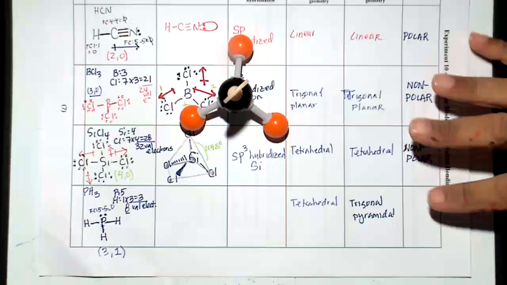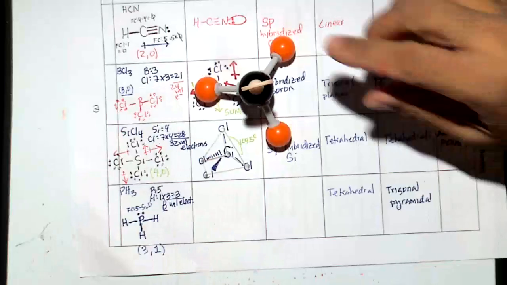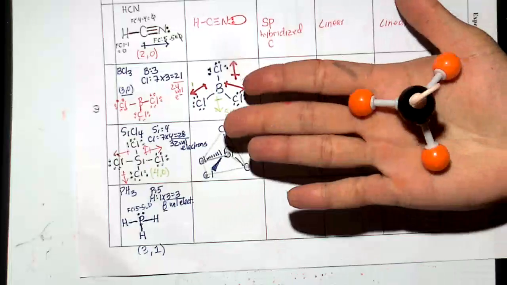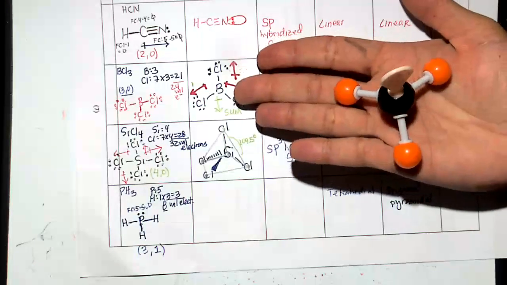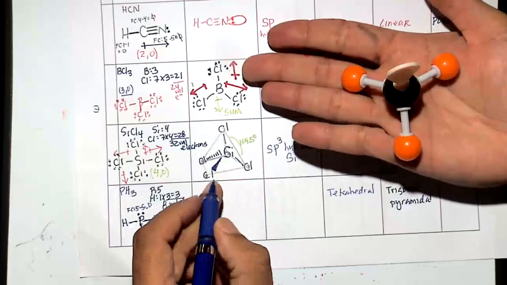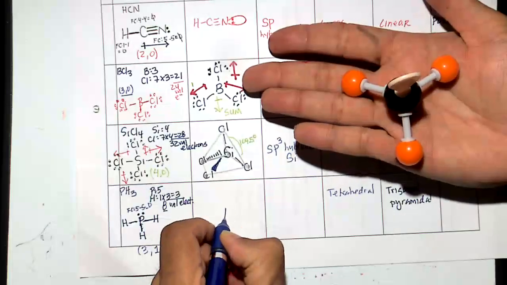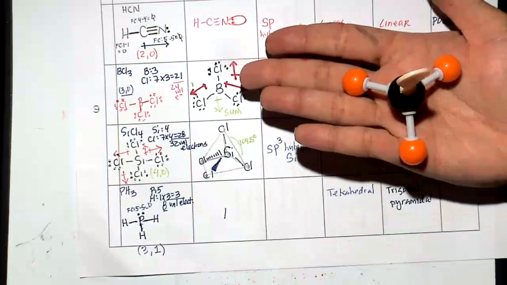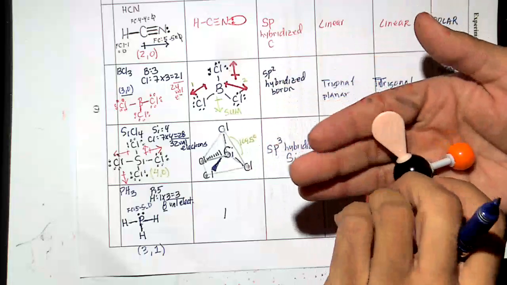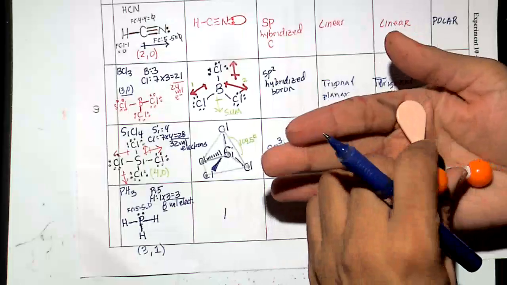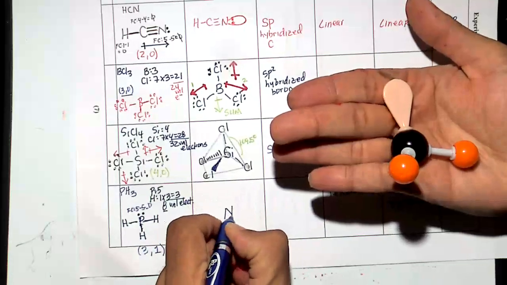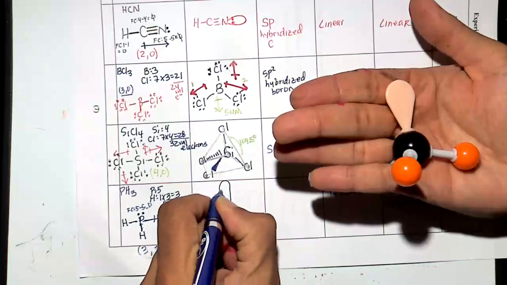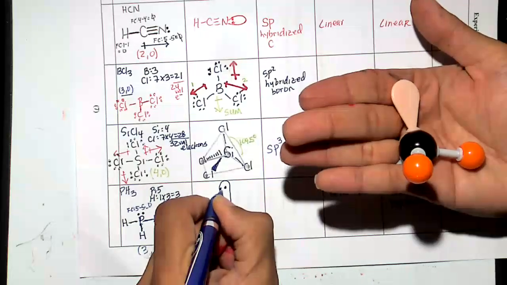How are we going to draw something that's trigonal pyramidal? I'm not going to give you a hard time on the test. How about we do this? I'll have this lone pair come up here.